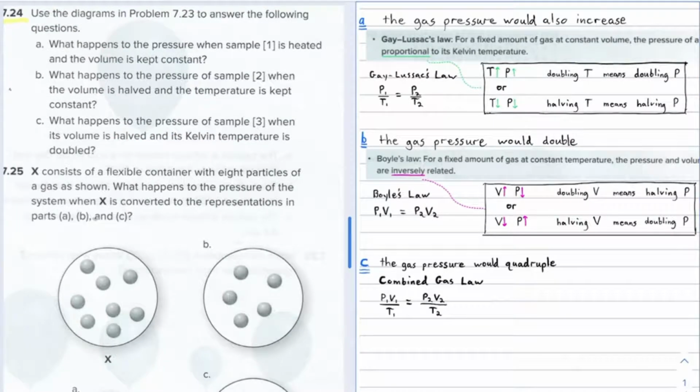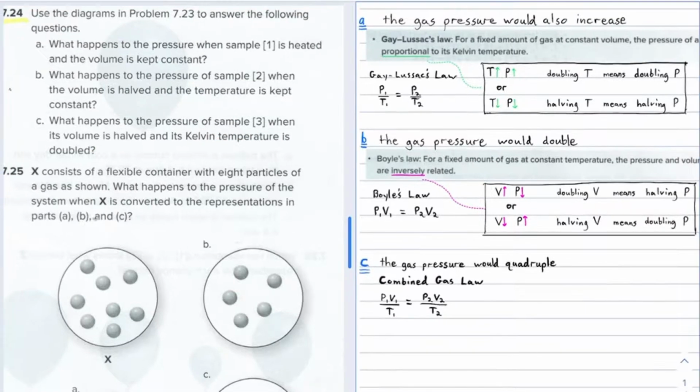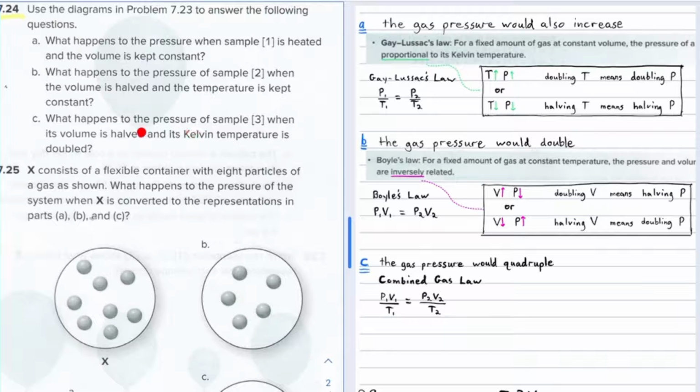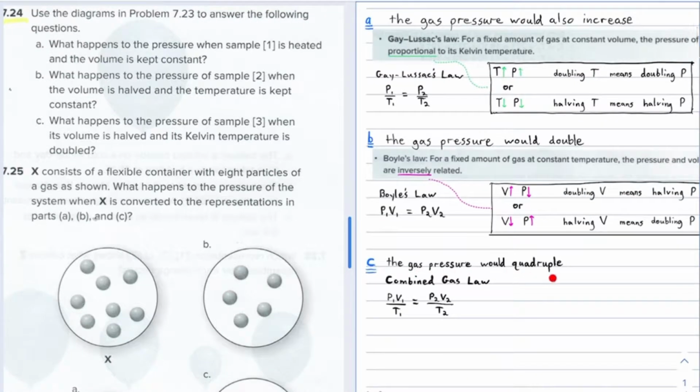Boyle's law tells you when you cut the volume in half, the pressure doubles. And then what about doubling the temperature? Gay-Lussac's law says doubling the temperature means doubling the pressure. So both of these result in doubling the pressure. If this doubles the pressure and that also doubles the pressure, the combined result is that the gas pressure would quadruple.